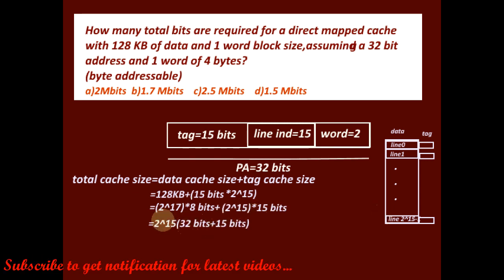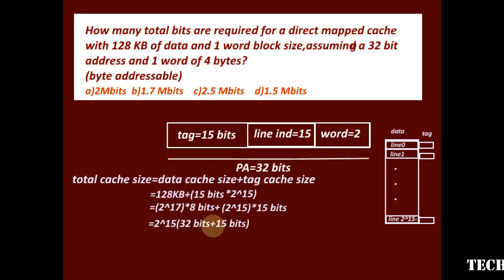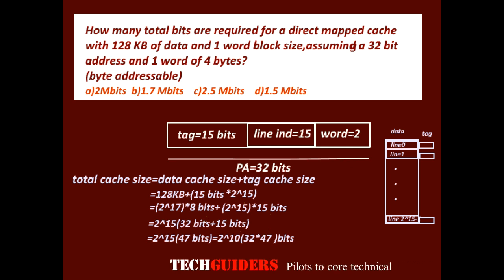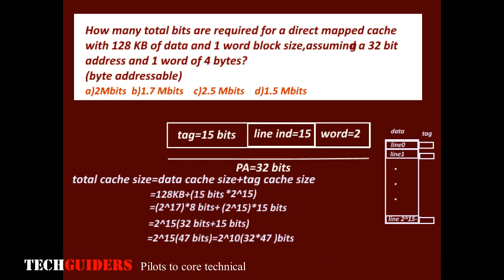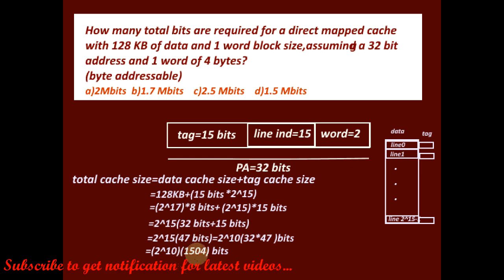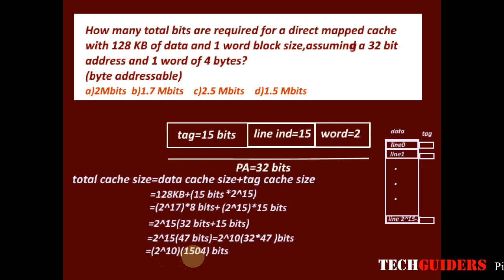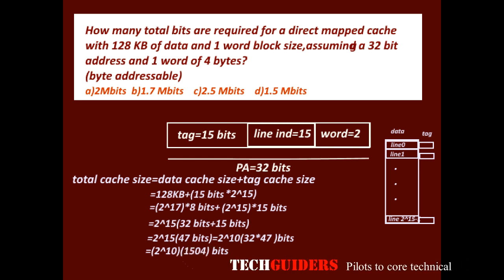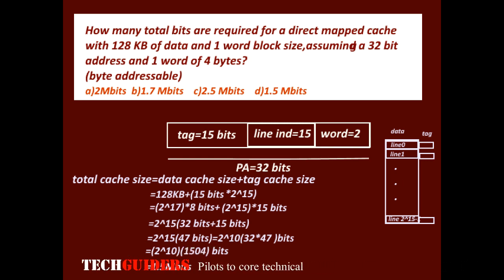Taking 2 power 15 out, 8 fours are 32 bits plus 15 bits, which is 2 power 15 into 47 bits, which is 2 power 10 into 1504 bits, which is same as 2 power 10 into 1.5 into 2 power 10 bits, that is about 1.5 megabits. So the option is D, 1.5 megabits.